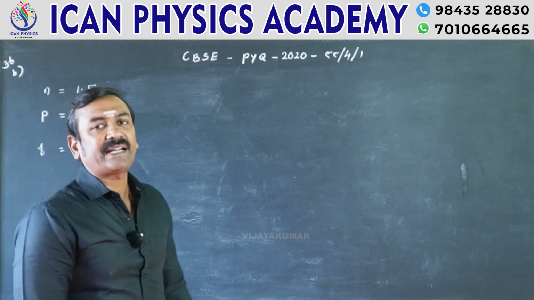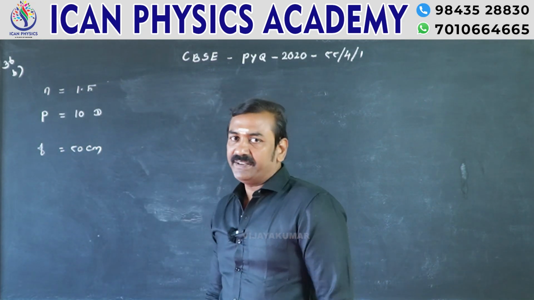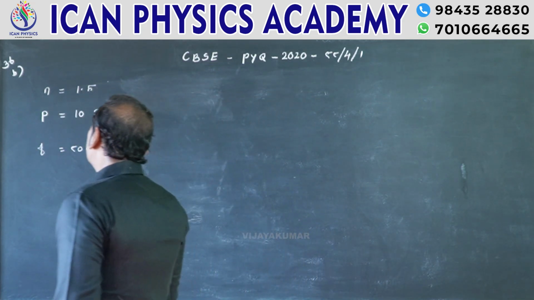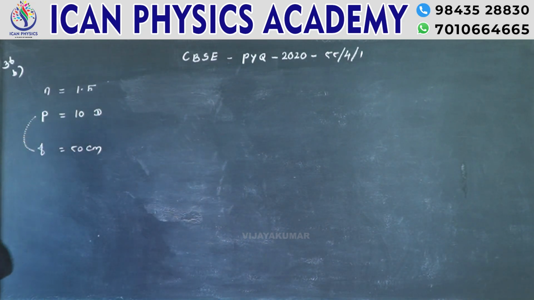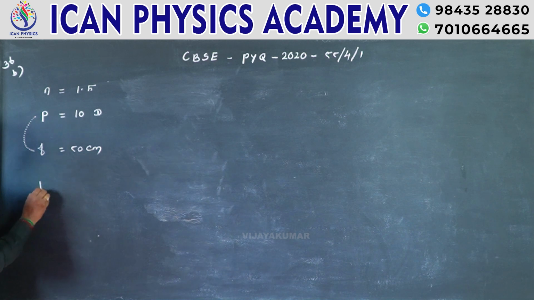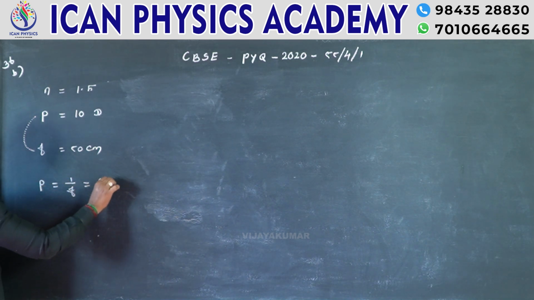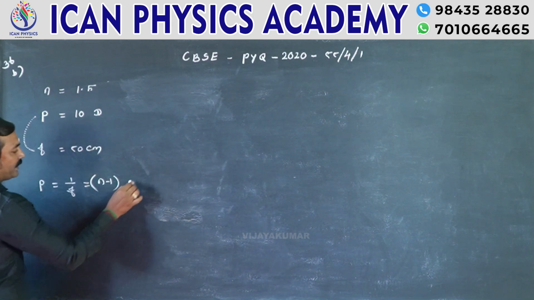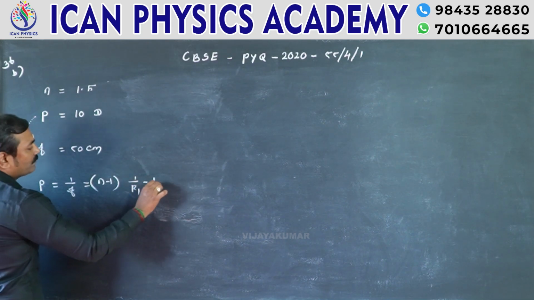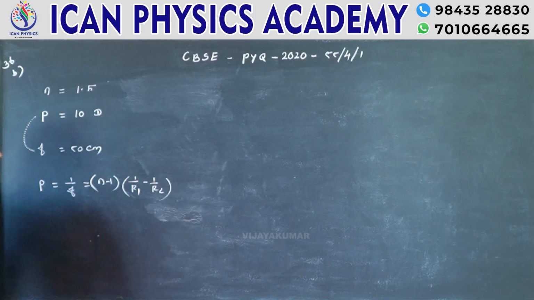So what is the refractive index of the liquid? That is the question. So how can we relate power and focal length? First, power equal to 1 by f equal to n minus 1 into 1 by r1 minus 1 by r2.